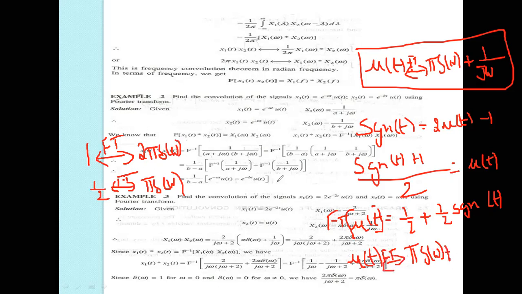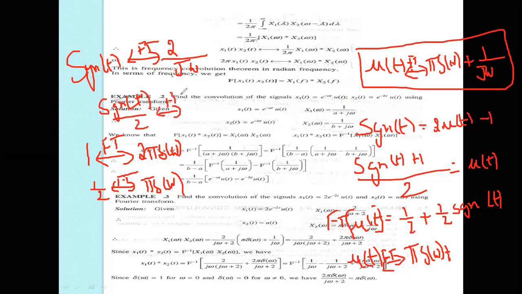And here, the signum of t: the Fourier transformation of signum of t is 2 by j omega. Now for signum of t by 2, the Fourier transformation is 1 by j omega.